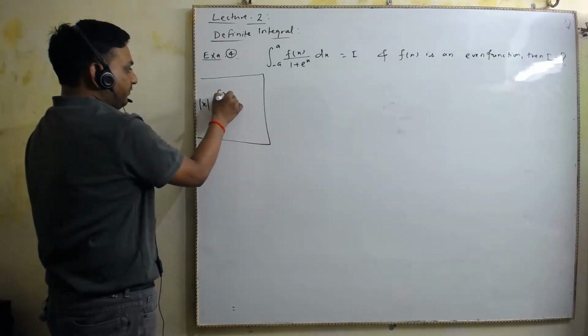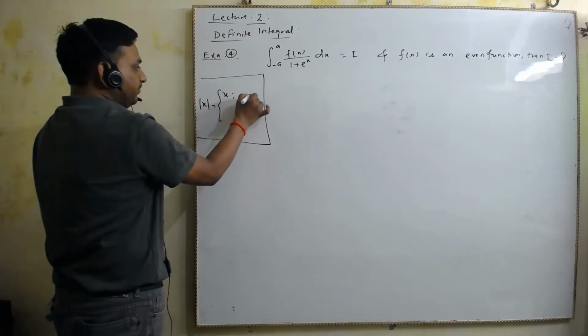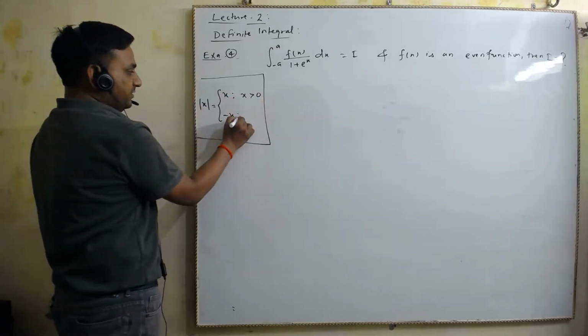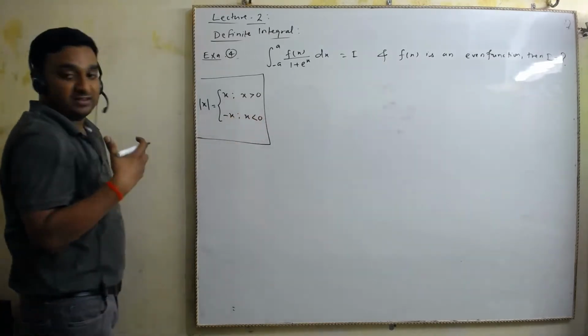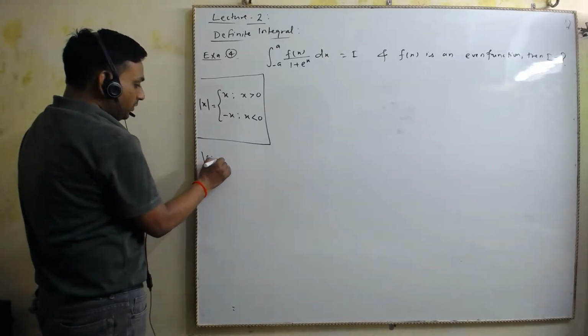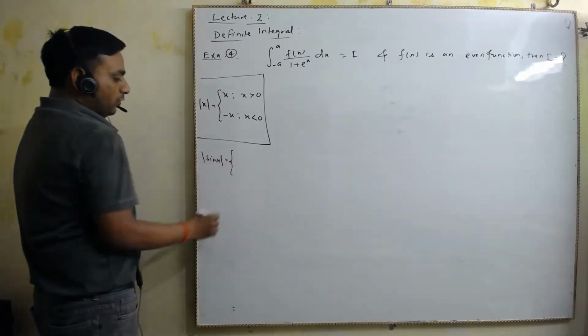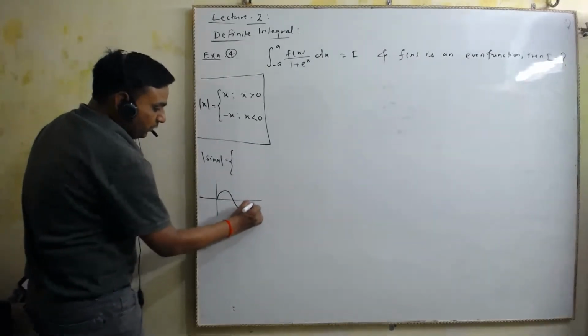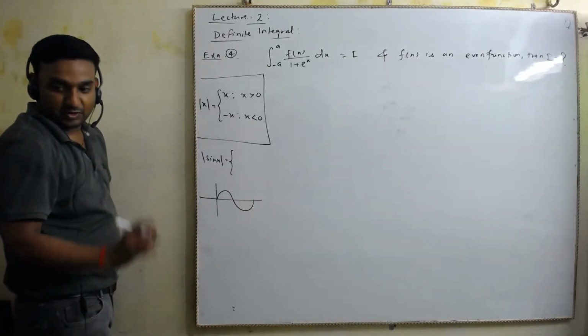Modulus x is defined as plus x if x is greater than 0, and this function comes out as minus x if x is less than 0. So when I talk about modulus of sin x, if you observe the graph of sin x, how will it be looking like? Okay, Shibu.